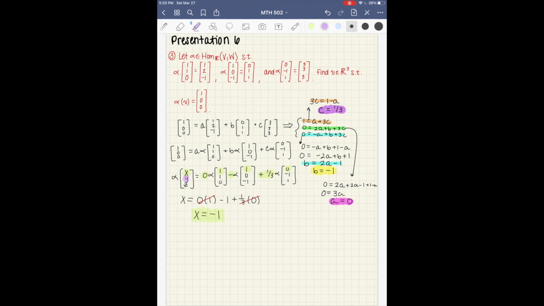And then I did the same for the y. So I got y equals 0 times 1 minus 0 plus 1/3 times -1. These cancel out, so we're left with y equals -1/3.